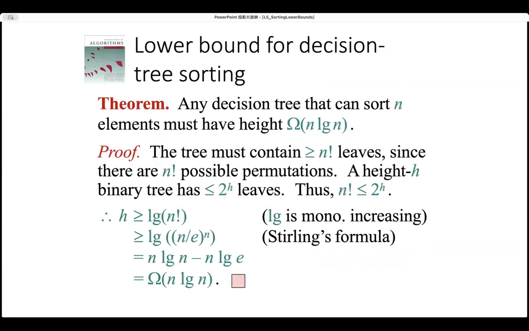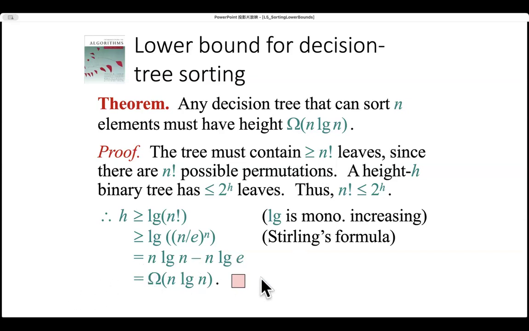So that's why I say the tree must contain greater or equal to factorial of n leaf nodes. So let's consider the lower bound, which is factorial of n.